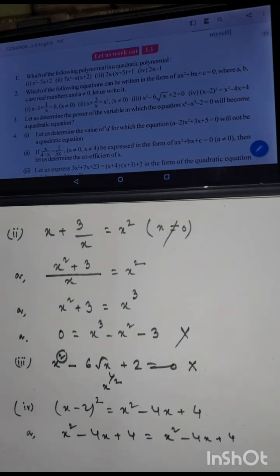So this is not an equation, this is an identity. Okay, so this is an identity, so we cannot say this is a quadratic equation, so this is cancelled.